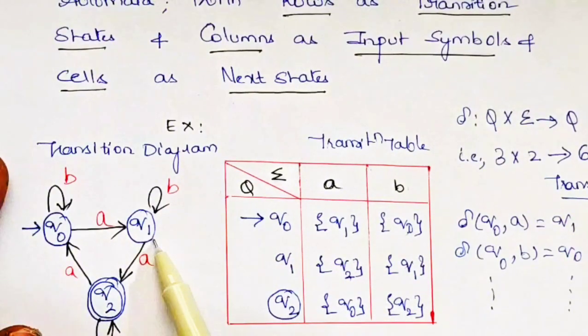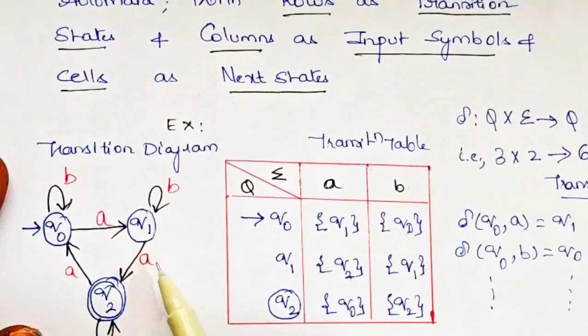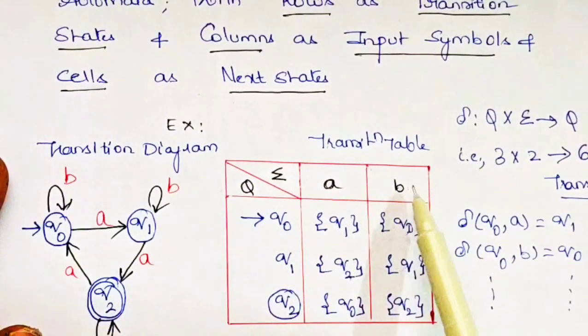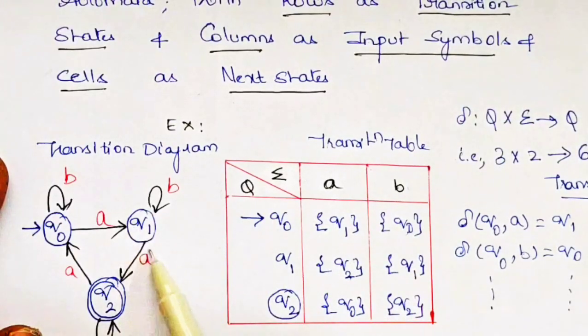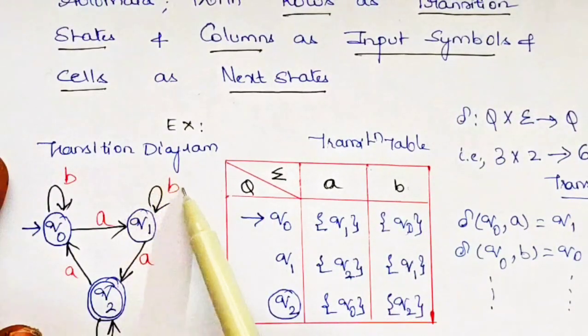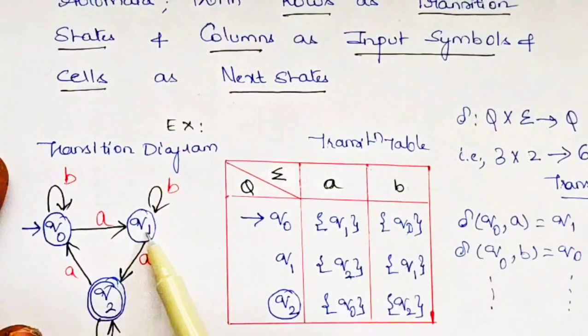So in the transition diagram, Q1 upon reading an input symbol A is going to the transition state Q2, which is a final state. Similarly, Q1 upon reading an input symbol B is remaining in the same state Q1. So here the transition state Q1 on reading an input symbol B is remaining in the same state Q1.